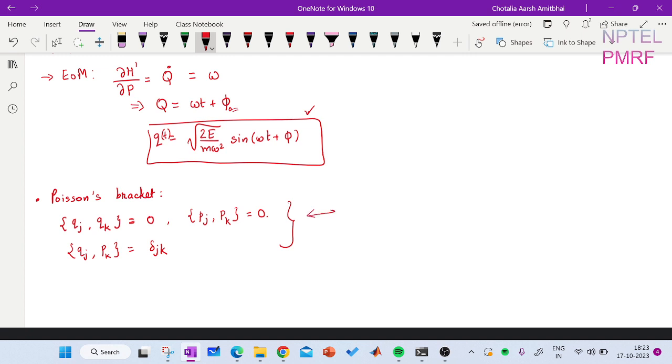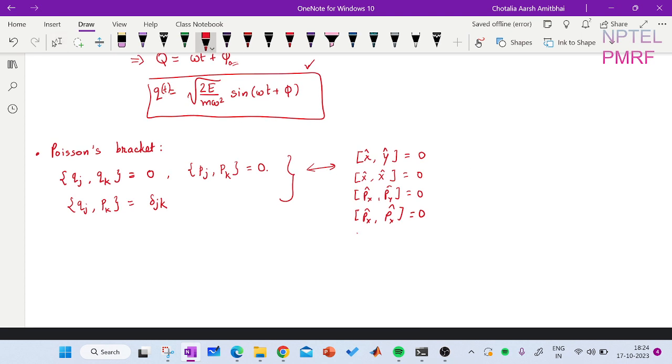If you have done quantum mechanics, you know that if you take two operators x and y, the commutator is 0. x and x is also 0. Px and py is also 0. Px and px is of course 0. The only way to get a non-zero component is to have different ones, let me change the order, x and px, and this gives some non-zero value.